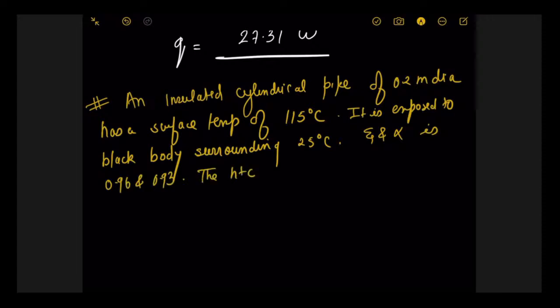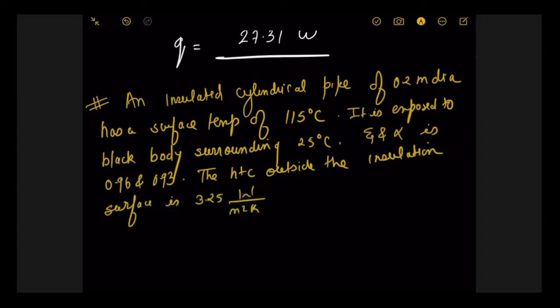The heat transfer coefficient outside the insulation surface is 3.25 watt per meter square Kelvin.